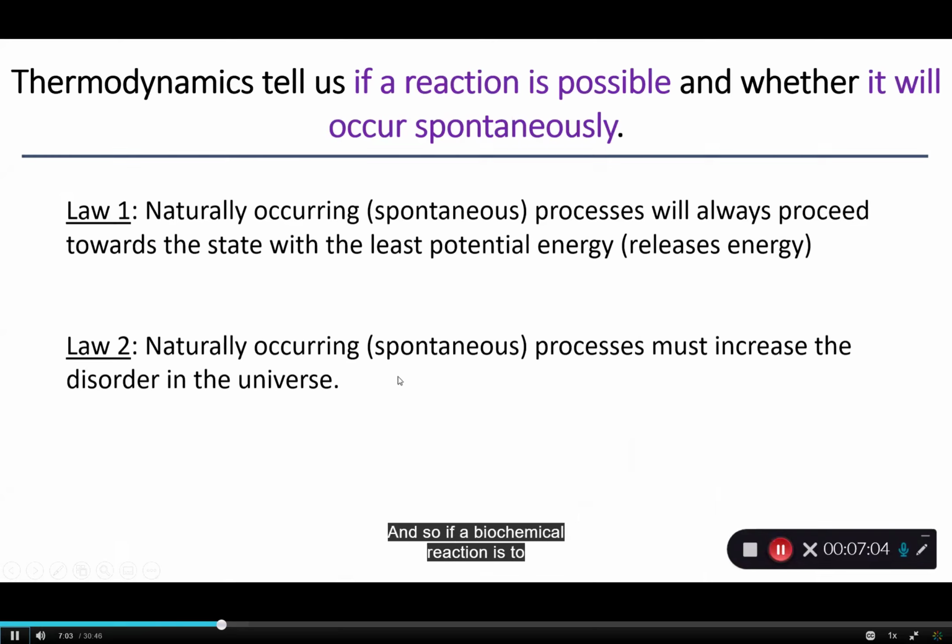And so if a biochemical reaction is to proceed spontaneously in our bodies, it has to satisfy these 2 laws, which means the end products must release energy into the environment, and the end products must increase the amount of disorder in the universe, or increase entropy. And so using these 2 laws, thermodynamics will tell us if a reaction is possible and whether or not it will occur on its own without the input of energy.